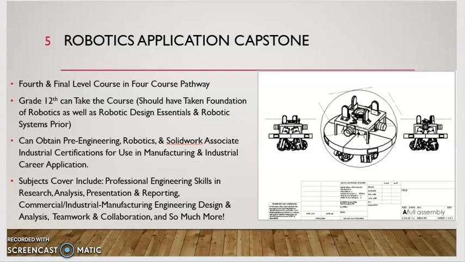We are still going to be doing SolidWorks as well, so they'll get to the point where they should easily be able to take and pass the SolidWorks Certified Associate Industrial Exam, certification exam, and be able to use SolidWorks comfortably. They should also be able to use any of the prior software or materials or systems or parts that we've used previously: motors, gears, sensors, valves. They can incorporate any sort of different type of mechanism in their robot.